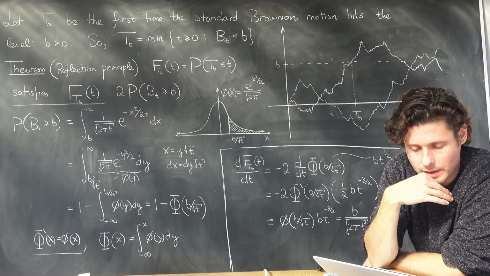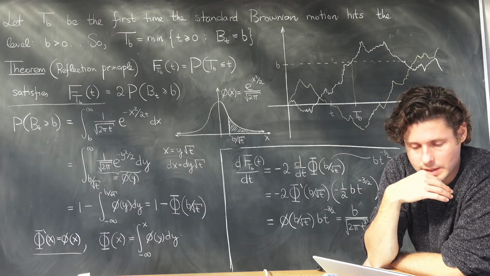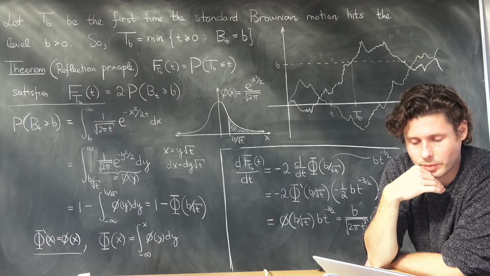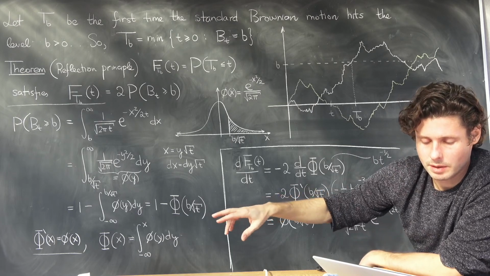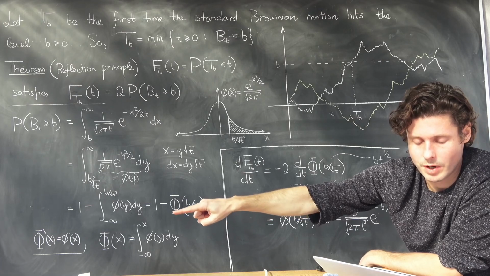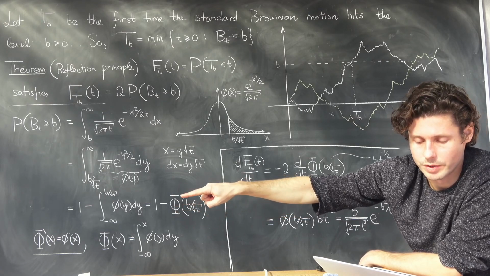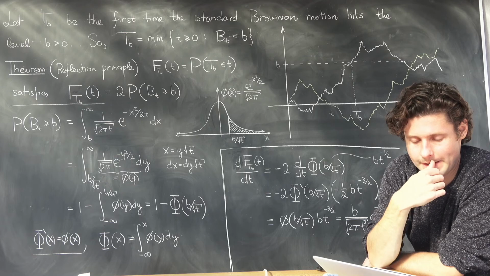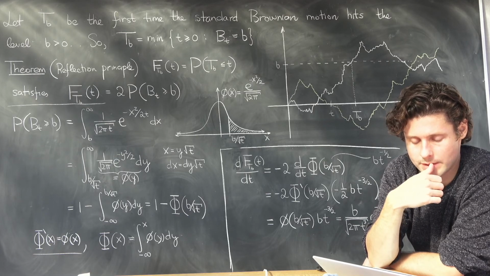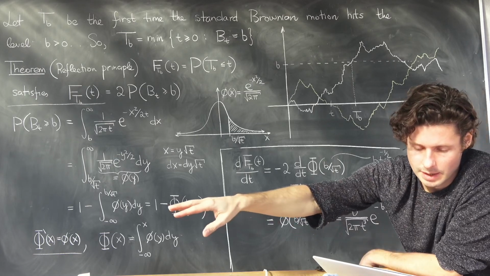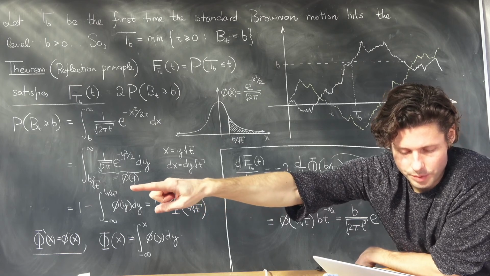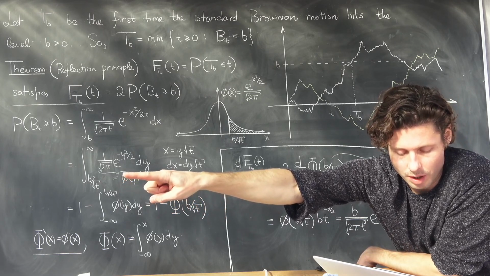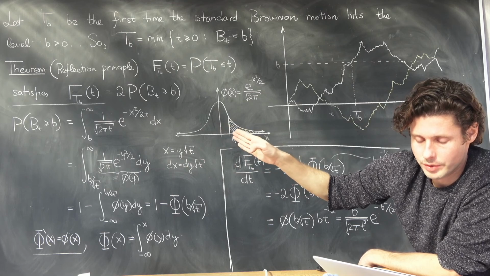So next, what's the next thing? Like we've already mentioned in the previous lecture, we often try to write things down in terms of the cumulative distribution of the standard normal random variable. So that's what I'm working on next. The limit here is in a somewhat awkward form, computing from the lower to the upper.